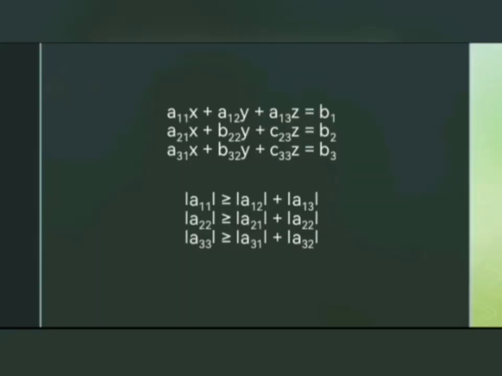Here we can see in the equations a11x plus a12y plus a13z is equal to b1, a21x plus a22y plus a23z is equal to b2, and a31x plus a32y plus a33z is equal to b3, the diagonal elements are greater than or equal to the sum of all the other coefficients in that equation.